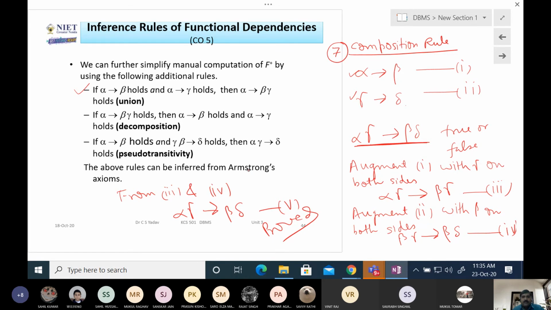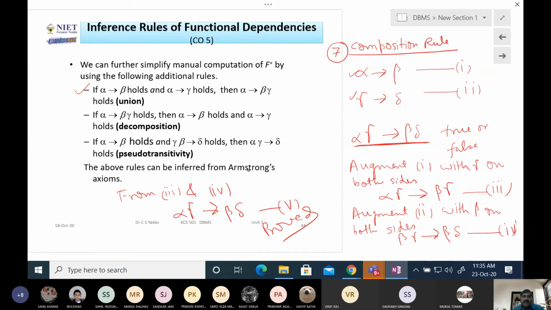Today I explained all the rules of Armstrong's axioms, and then we proved each and every rule.